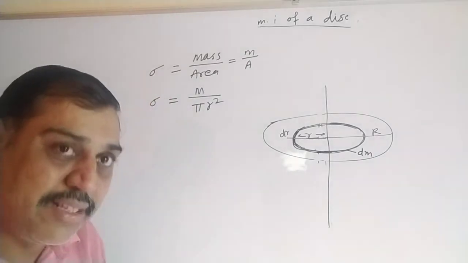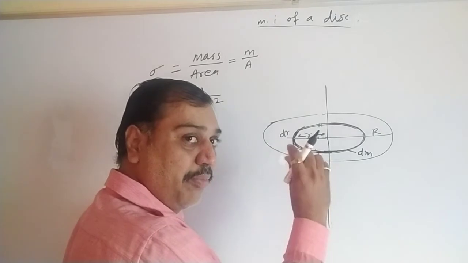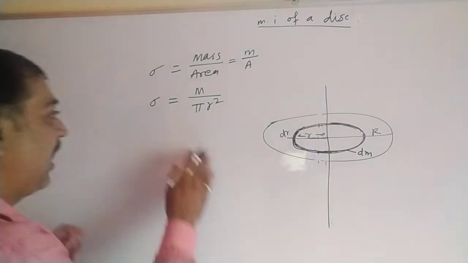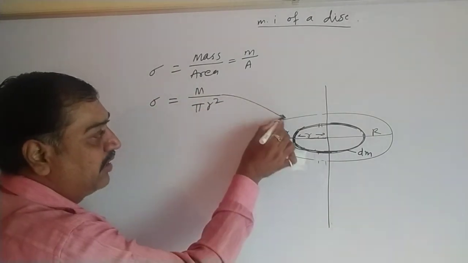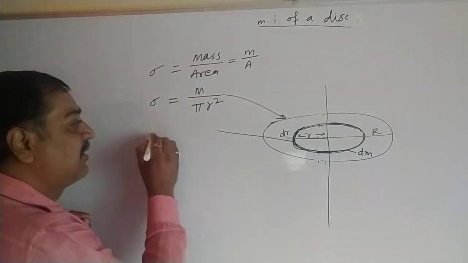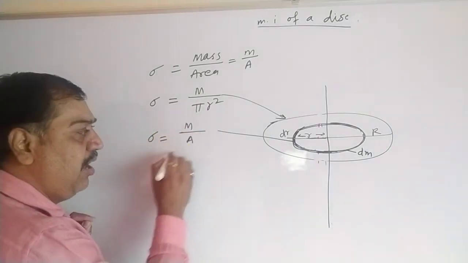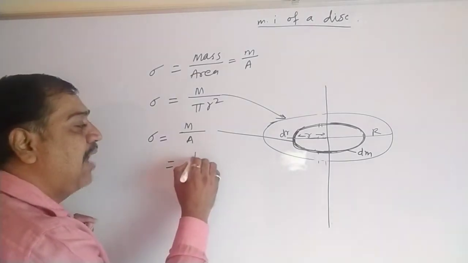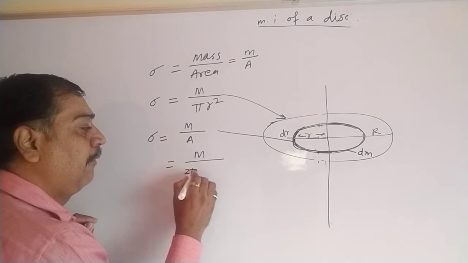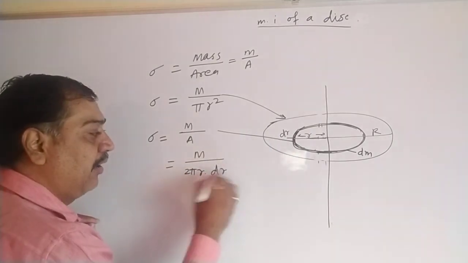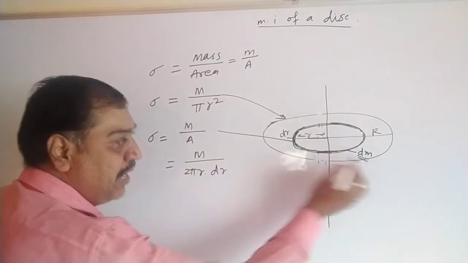What is the area of this? The circumference of a circle is 2 pi r, into the width, which is dr. So we can write sigma for the inner disk, or in general, sigma equals mass divided by area, that is mass divided by length 2 pi r into width dr. The mass is dm, which we have assumed.